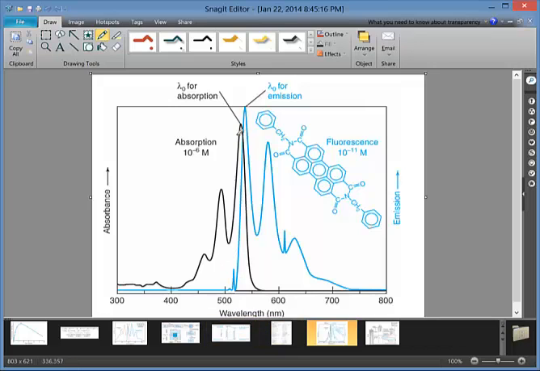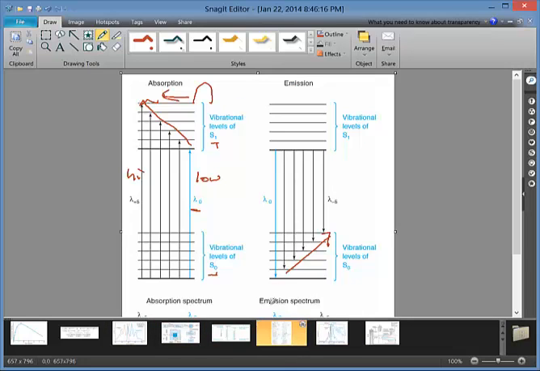Now, this doesn't explain why there's a difference between the two lambdas here, because if we go back to our picture, notice how here we're going from ground state to the lowest energy level of the S1, and here we're going from the lowest energy level of S1 back down to the ground state. These look the same, don't they?